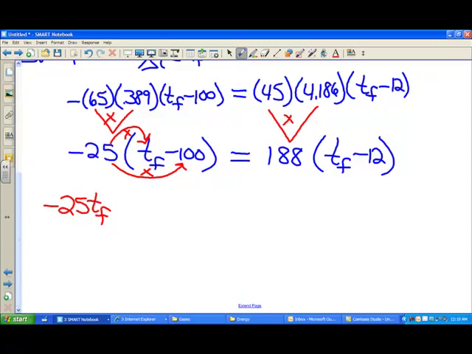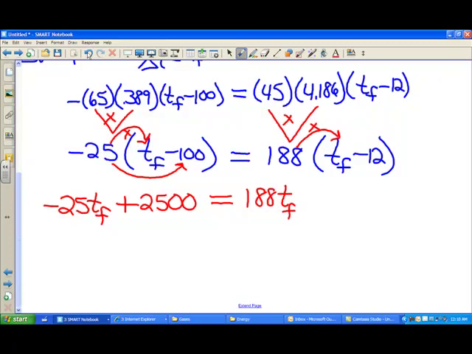You have a negative sign here and a negative sign there. So you need to make sure that that becomes positive. A negative times a negative is a positive. So that's 2,500 then. That equals, now we're going to distribute on the other side. We're going to take 188 times TF. So that will be 188 TF.